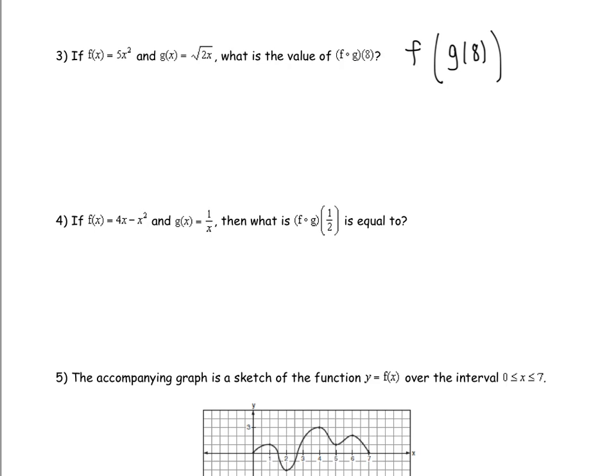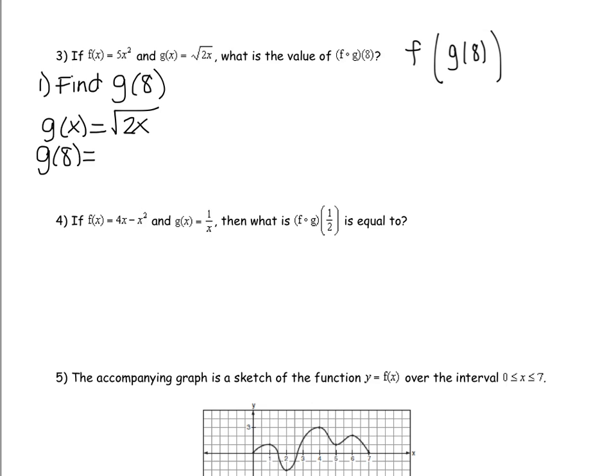So first step, find g of 8. So I'm going to rewrite the g of x function. And now I'm going to plug in 8. So 2 times 8 gives you 16.